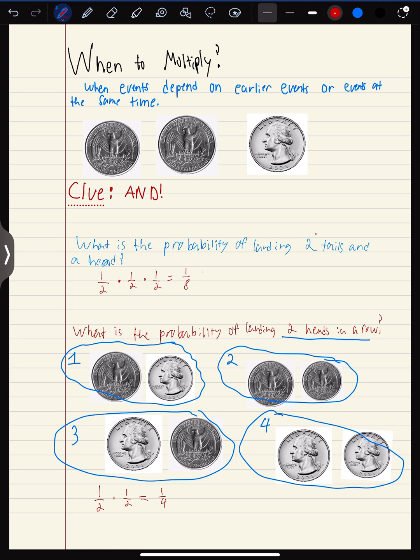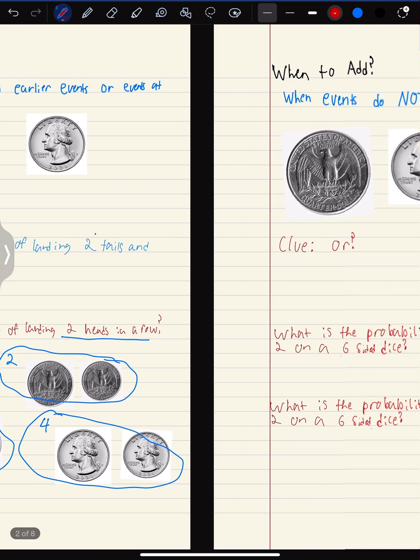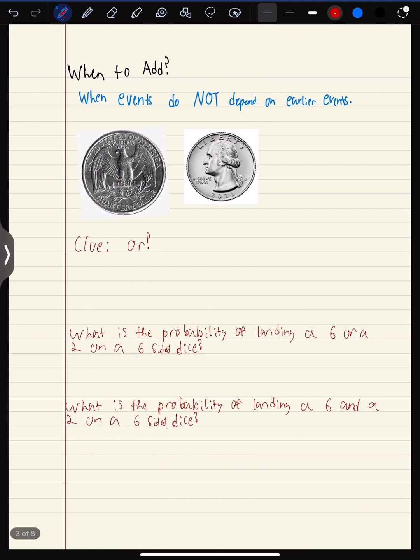Now, if your parents said, hey, you can either take out the trash or mow the lawn or wash the dishes, then the chances of you having free time goes up because the or means you get to choose which one happens. So similar to that is when to add, when events do not depend on earlier events.